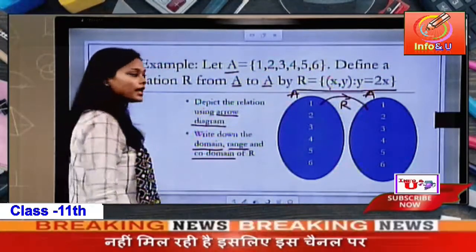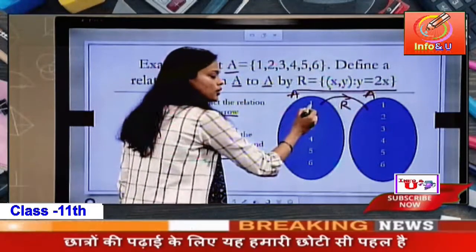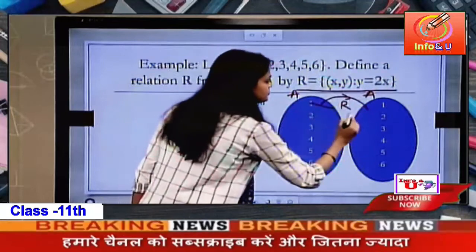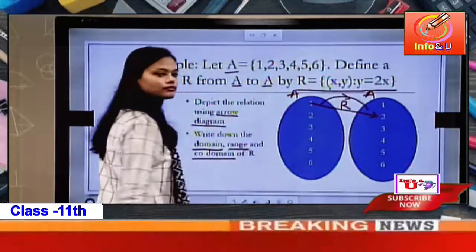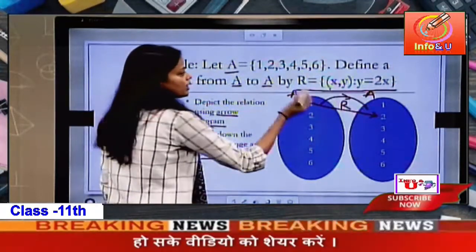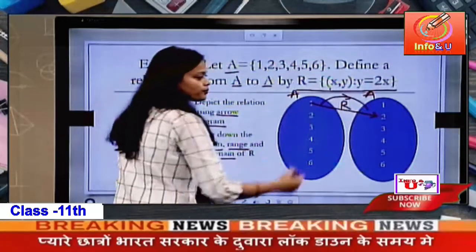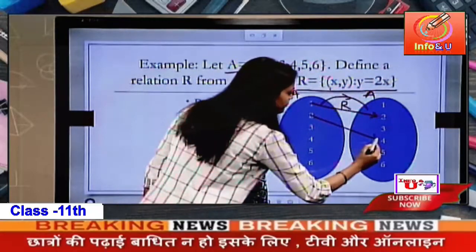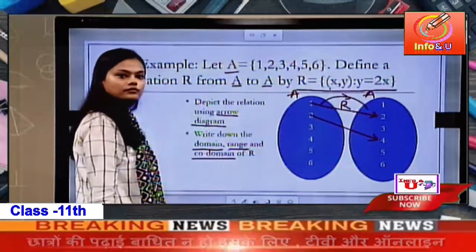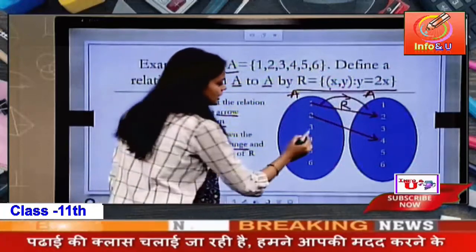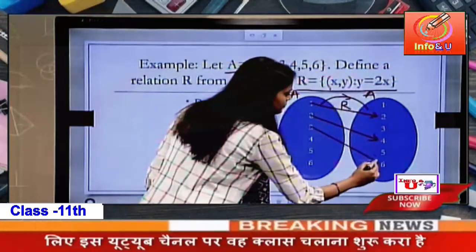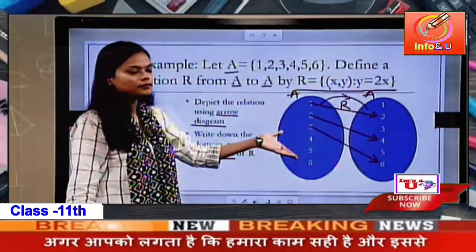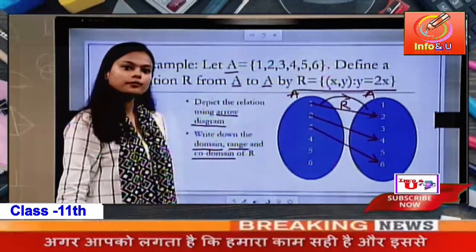That means the image of 1 will be 2. Okay. Now, image of 2 will be 4. And image of 3 will be 6, because they are related with this relationship.